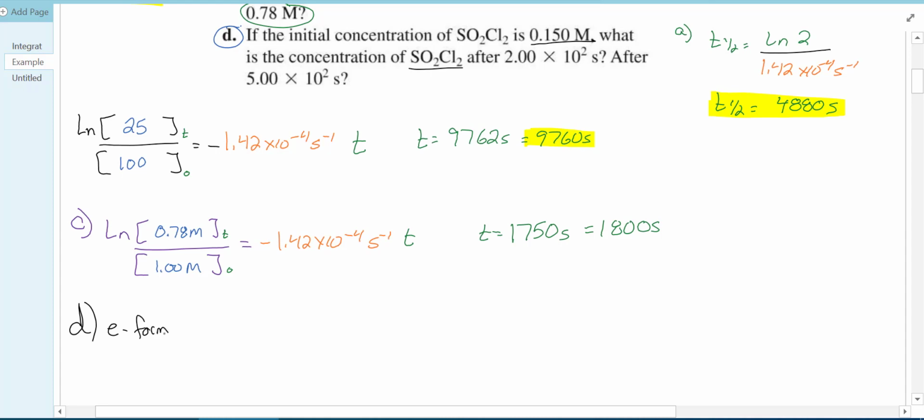I would use SO2Cl2 at time t equals the original concentration times e to the negative kt. Now, of course, if you're doing this, you do not have to use color at home. I'm using color for you guys.